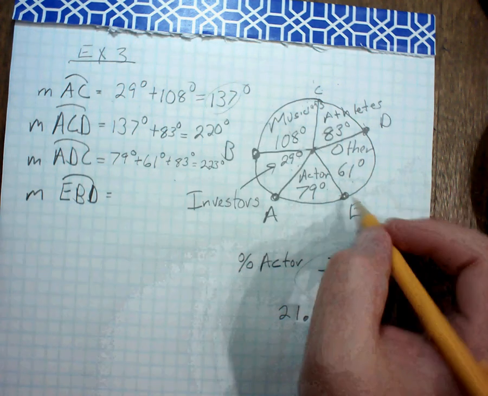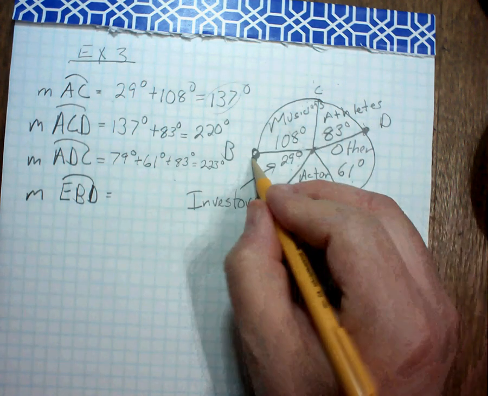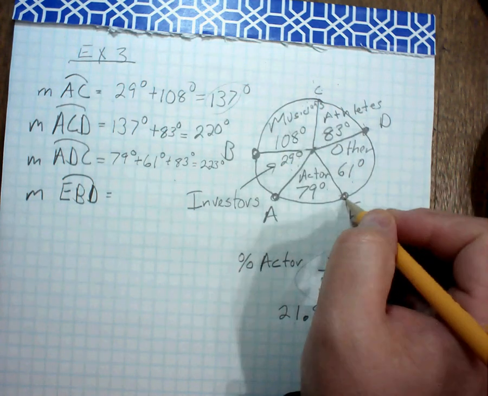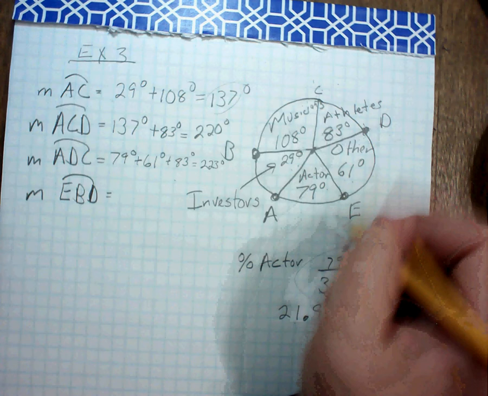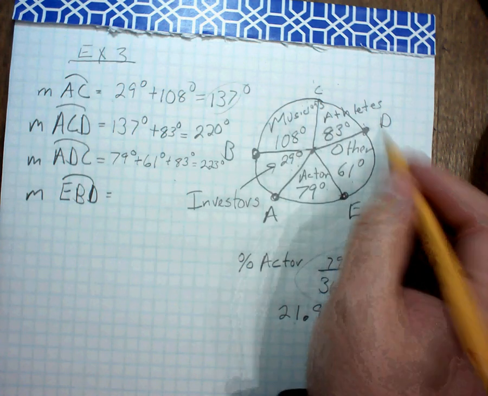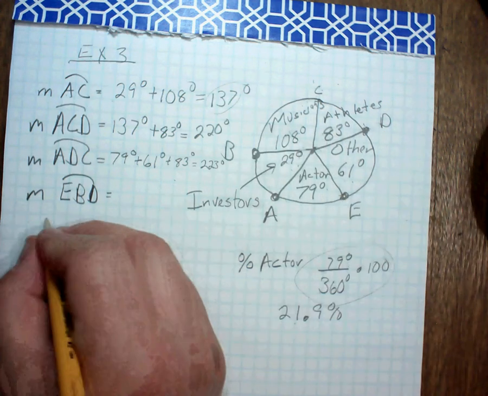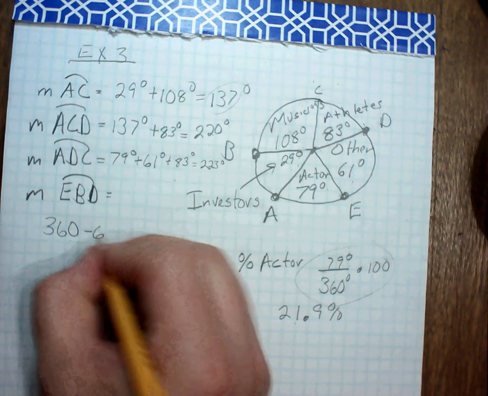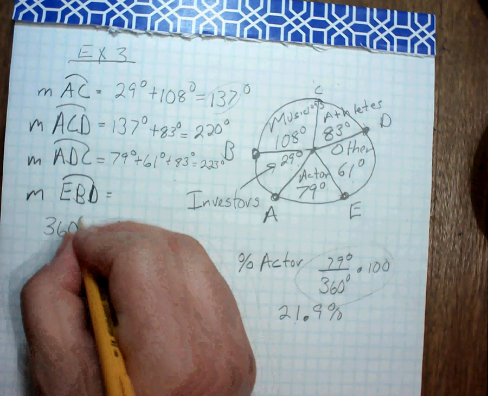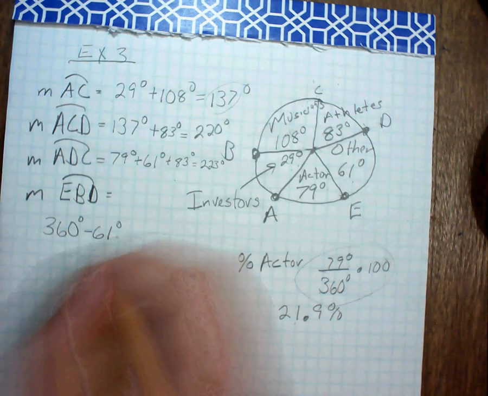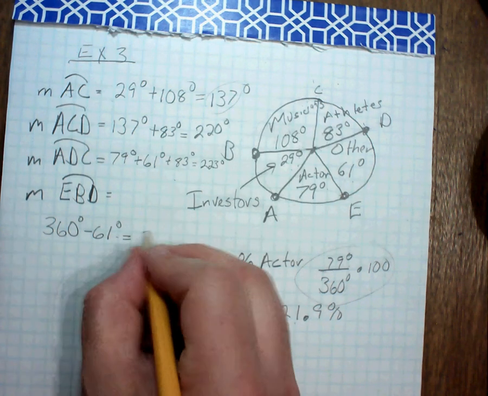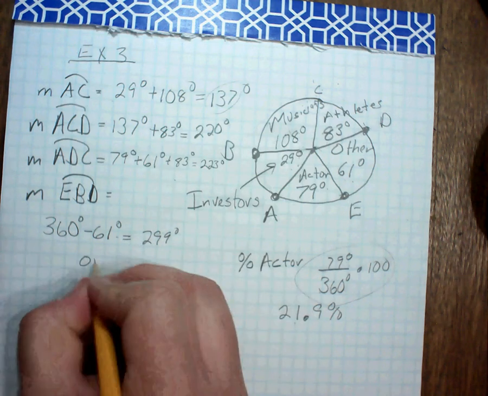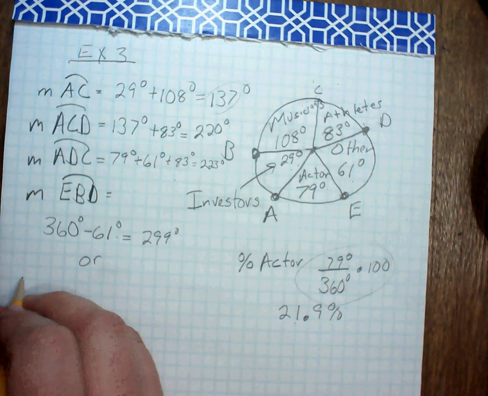Okay. And to go EBD, so I'm going to go E to B to D, I'm going to add all these up. Now notice that EBD is the major arc and the minor arc is just the 61. So I could find that by saying 360 minus 61, which by the way is equal to 299. Or I could say EBD.